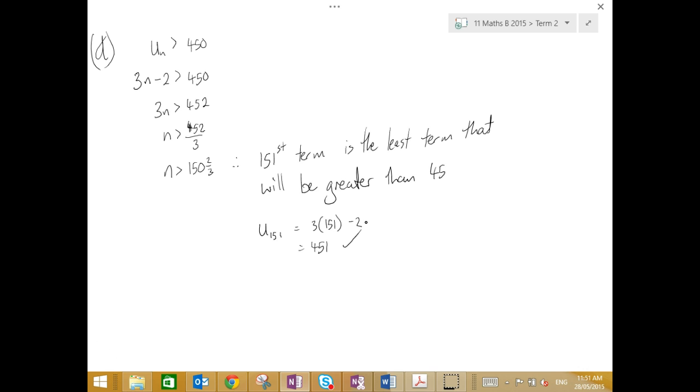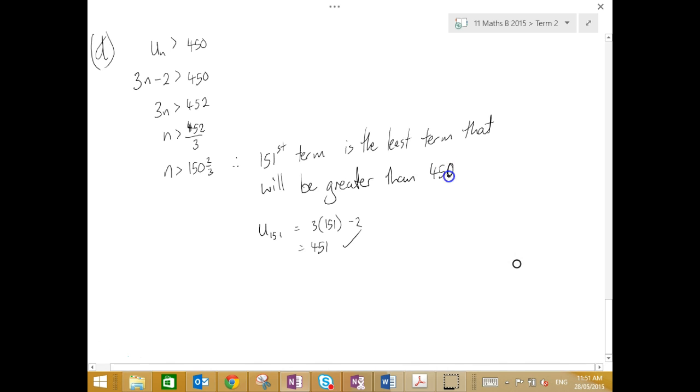But the least of those, the smallest one out of all of those, would be the 151st, because it's the smallest integer that's bigger than 150 and 2/3. So it's the 151st term, and that will be greater than 450.